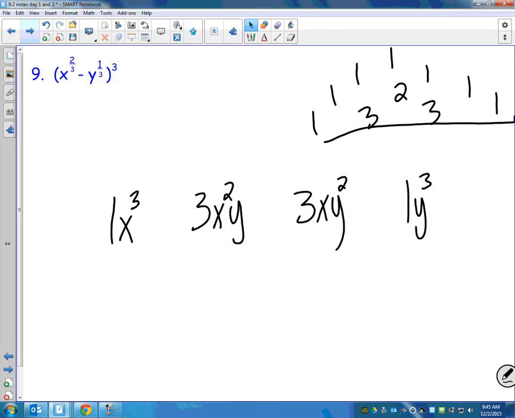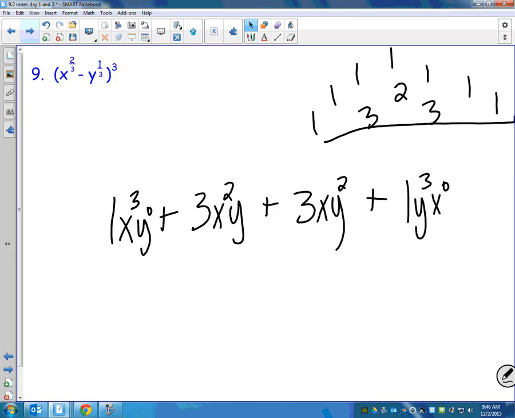So I start with x to the n and x goes down, y goes up, adds up to 3 every time. I use my Pascal triangle to get my numbers. Because it's y to the 0, right? Like you could put y to the 0 here. Just like down here, I could put x to the 0 if I want, but it's just 1.